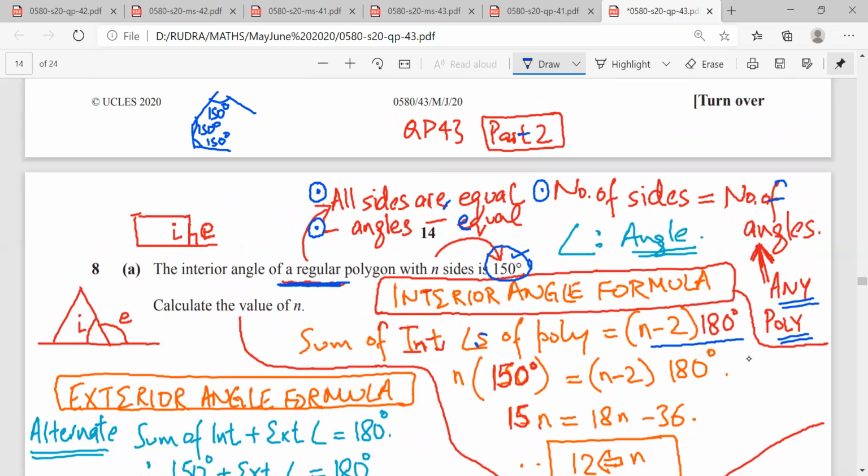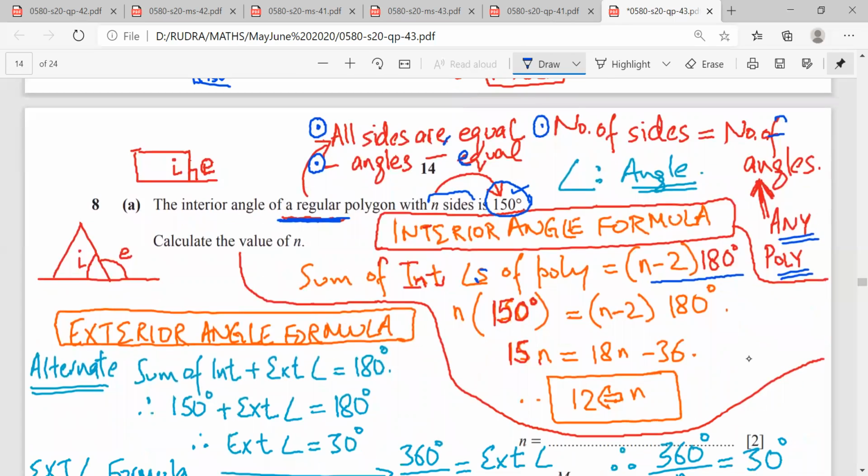Let us assume the number of sides is n, therefore the sum of interior angles of this polygon would be n times 150. Mr. Rudra, any doubt here? No, sir. And of course, this would be equal to (n minus 2) into 180. When I solve this, I get the value of n, which is equal to 12. So this is the answer that I get.